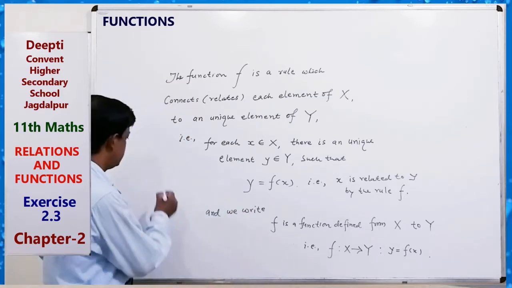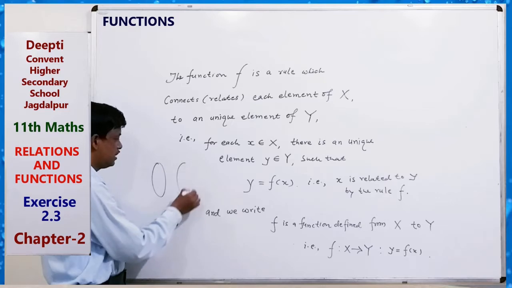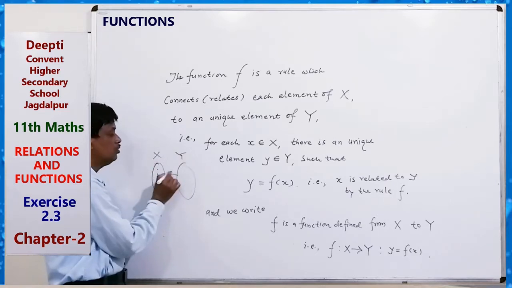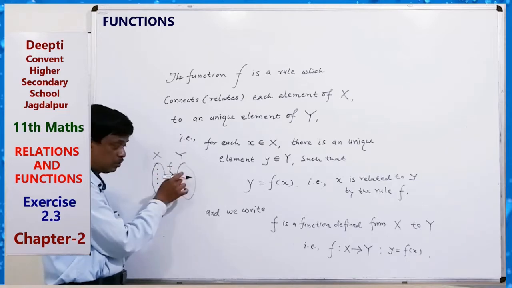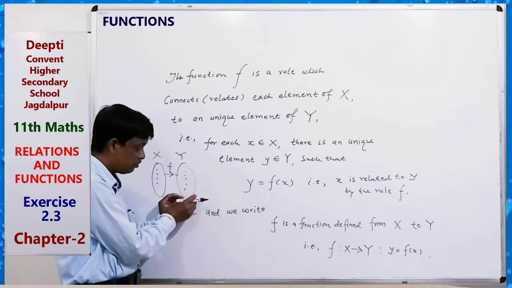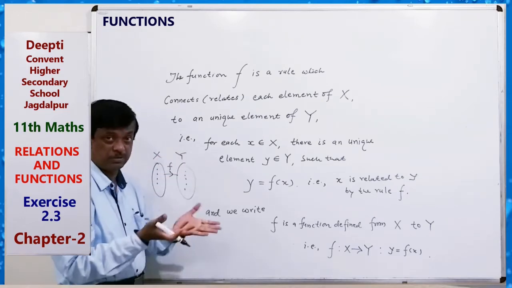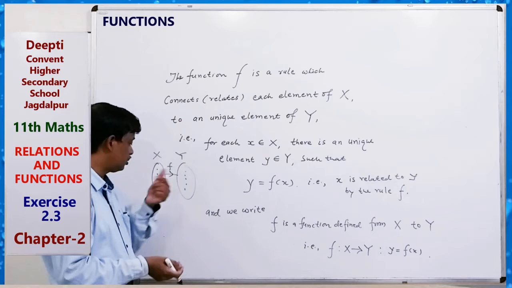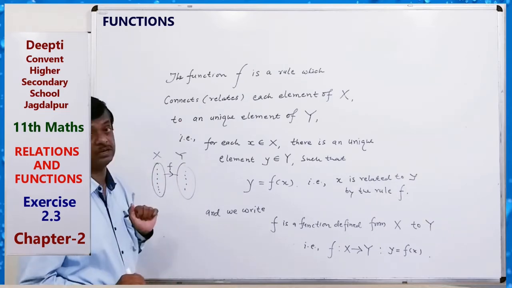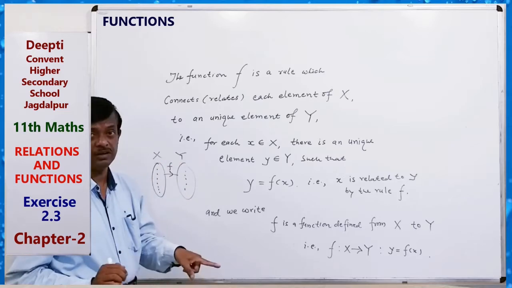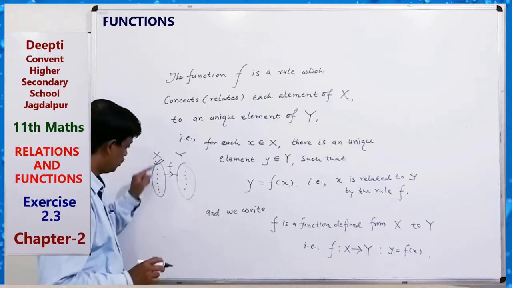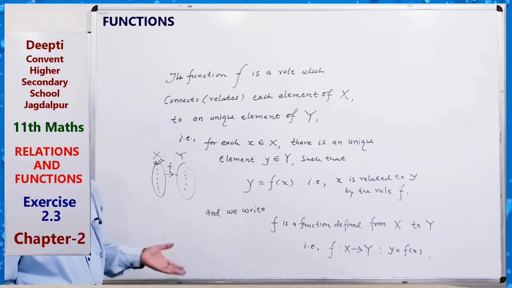Suppose this is a set, this is a set, this is X, this is Y. All elements are connected to some element in this. There may be some elements in Y which are not connected, but each element of X is connected to some unique element in Y. So this is called the domain of the function. What is domain?